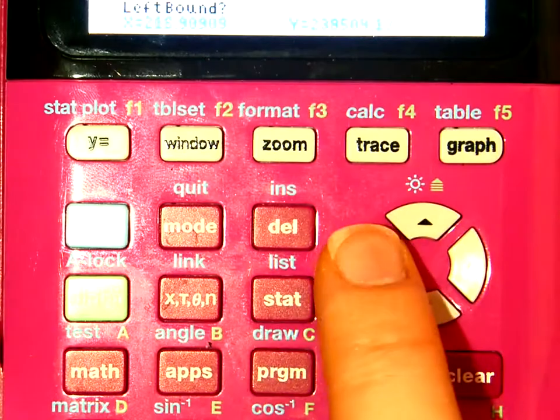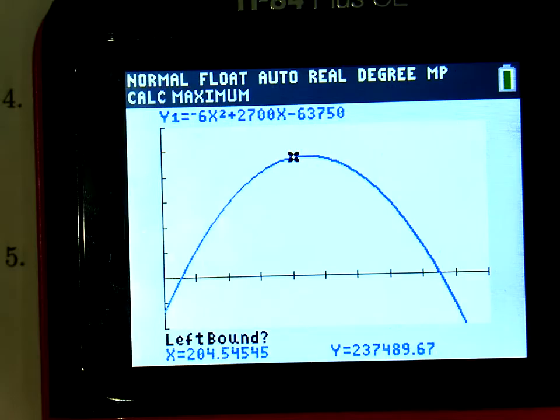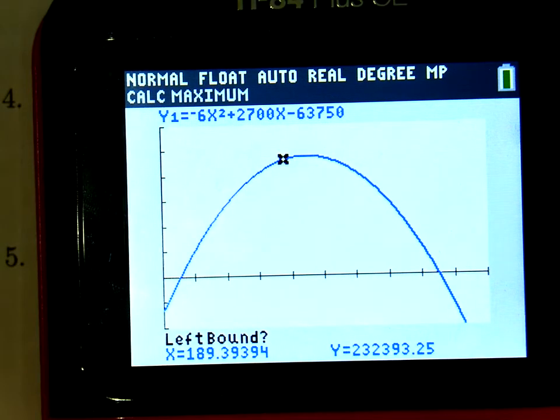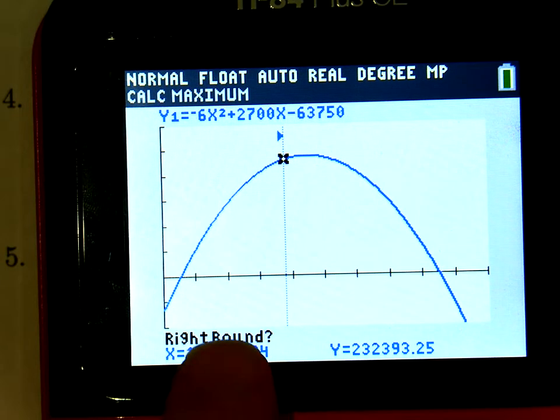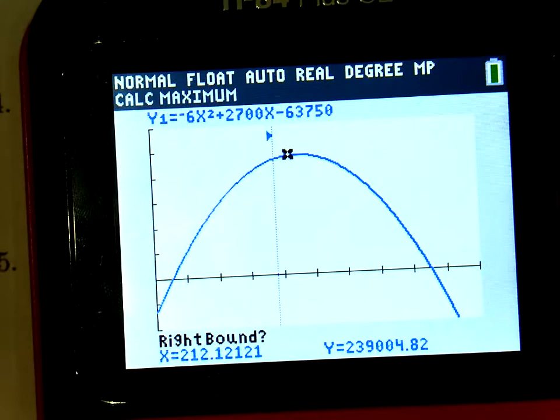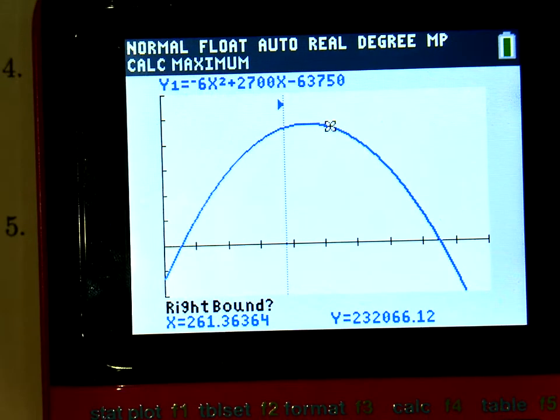I'm using these arrows to go to the left of the maximum. Got it. And then it says to the right, so I'm going to arrow using this cursor over to the right side of the maximum and hit enter. And then guess, it doesn't matter. And here we see the maximum.